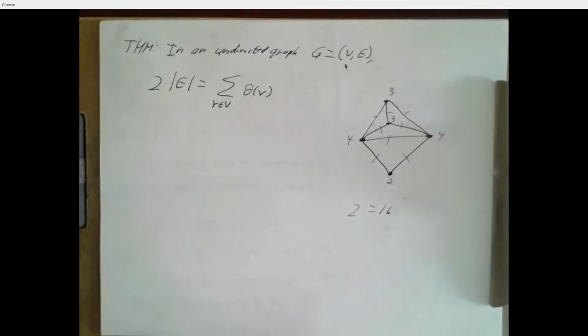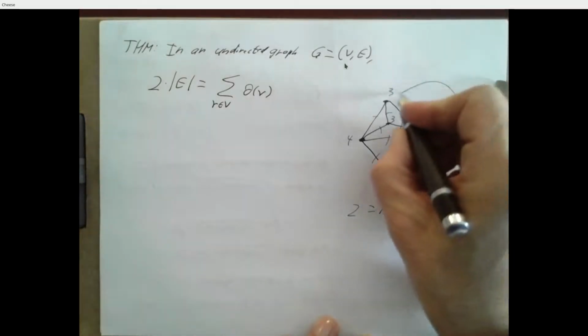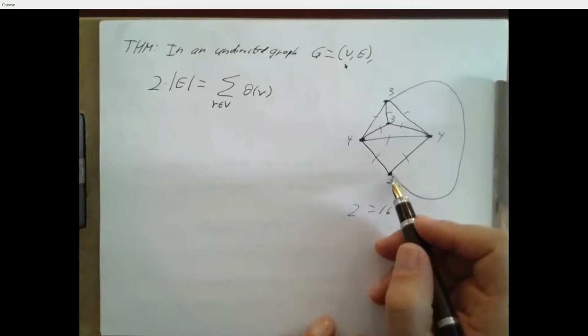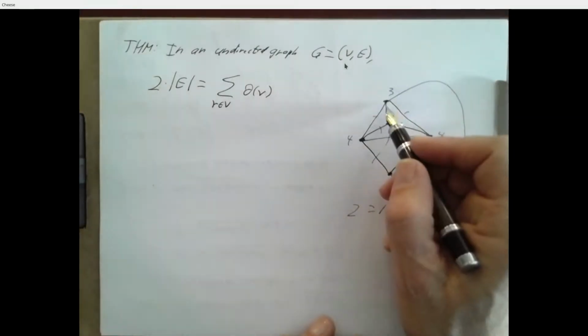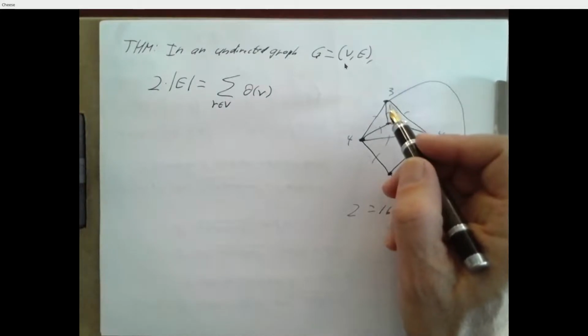Because if we know that for 8 edges, the sum of the degrees will be 16, if we have one more edge, it's got to start somewhere, and it's got to end somewhere. And the degree of where it starts will go up by 1, and the degree of where it ends will go up by 1. So the sum of the degrees will go up by 2, and the number of edges goes up by 1.